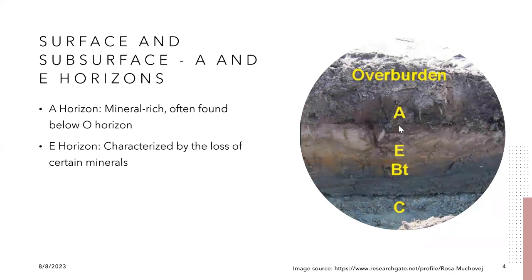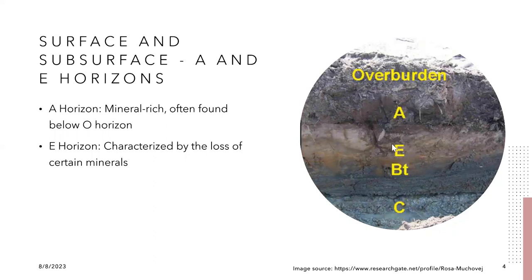The presence of humified organic matter combined with minerals makes this layer essential for plant growth, specifically providing plants with essential nutrients and a medium for root expansion. As you can see in the image, we can have some roots in the A horizon.